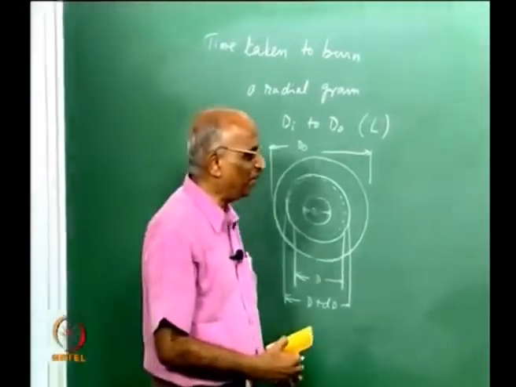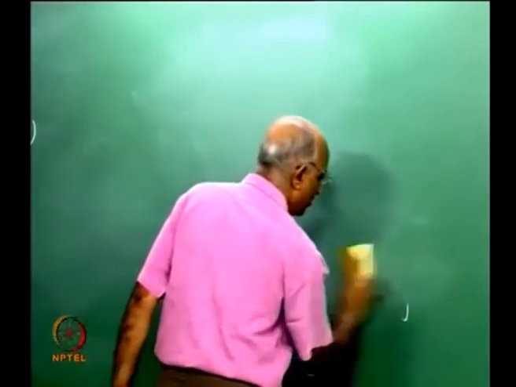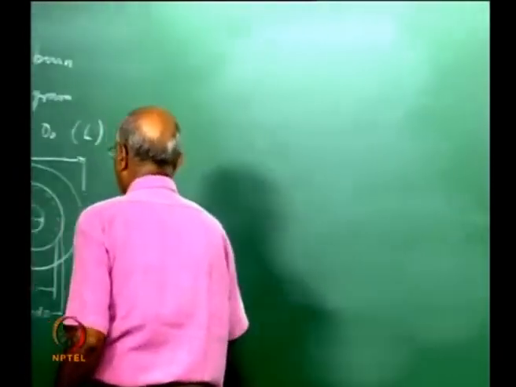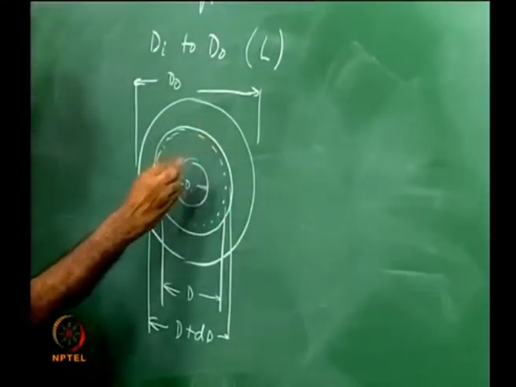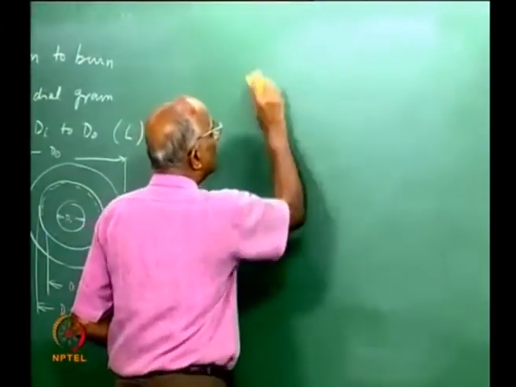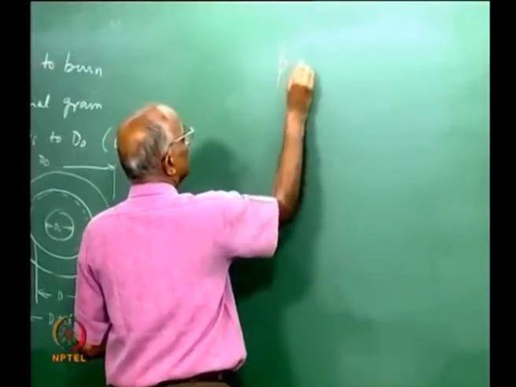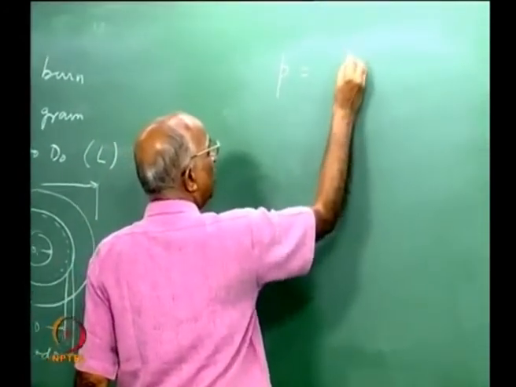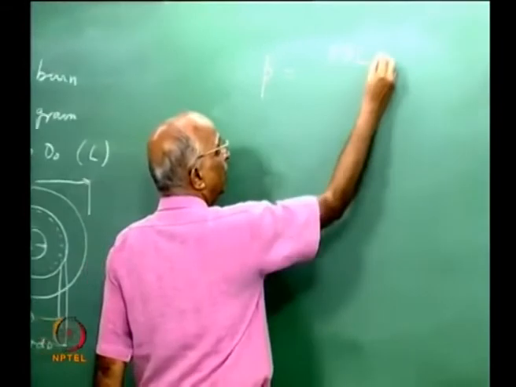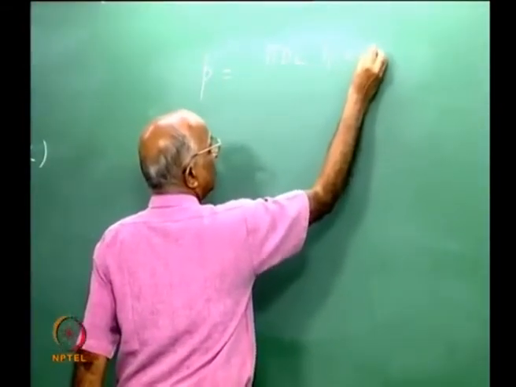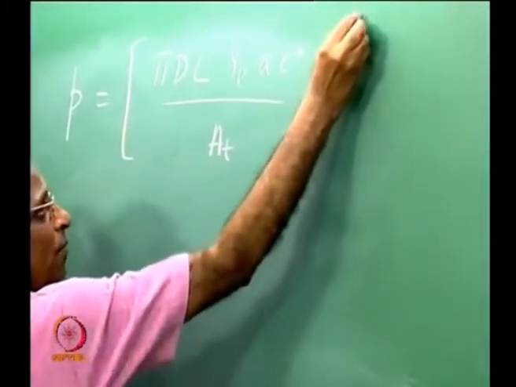Let us do that. How do I get the time taken to burn a distance dd? Well, I know that this distance dd is very small, therefore the pressure could be the value at d. Again we write SB is equal to pi d, the perimeter, into L, the length, which is the burning surface area, into rho p a c star divided by AT, to the power 1 by 1 minus n.